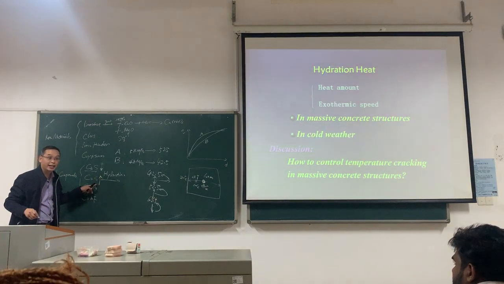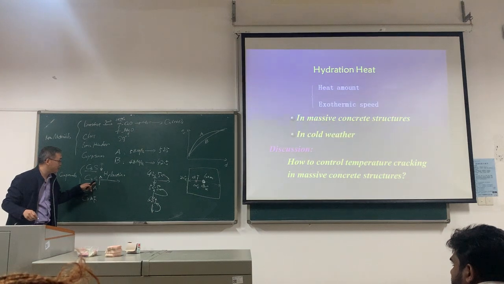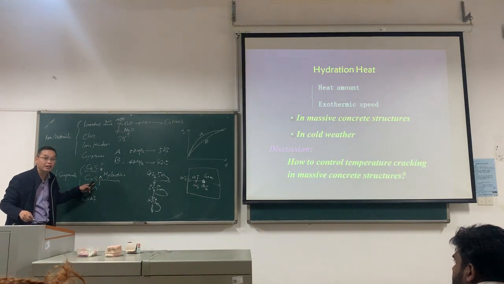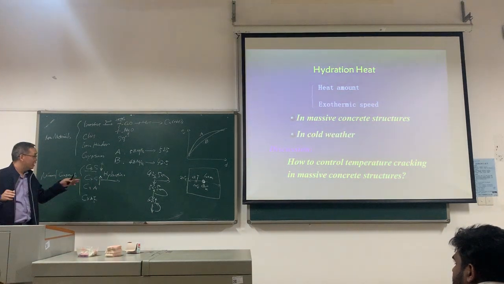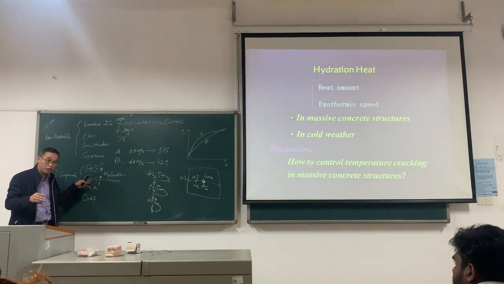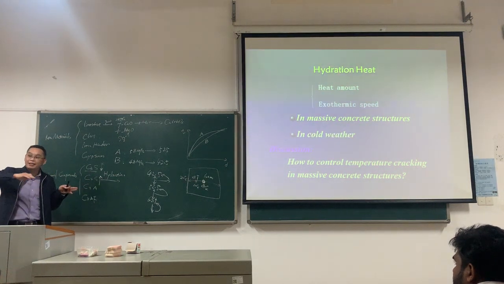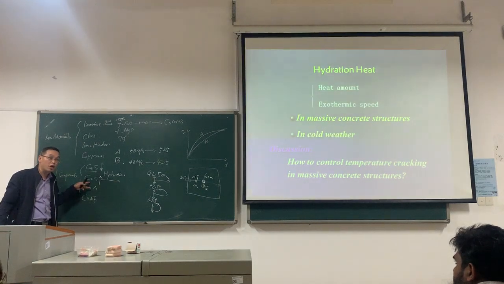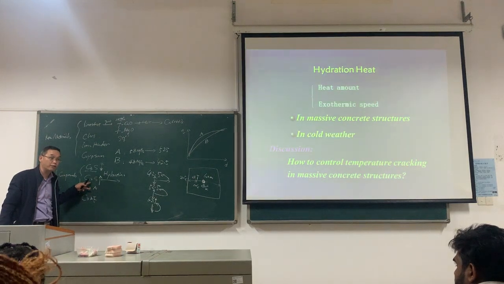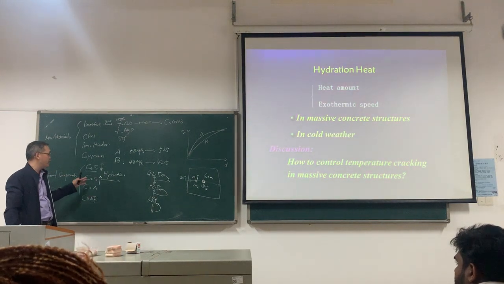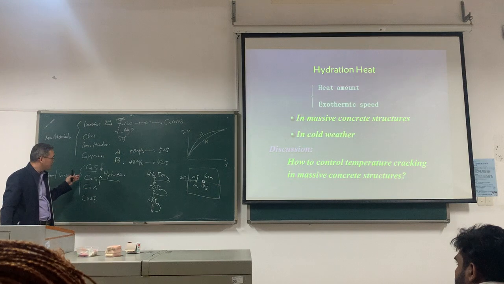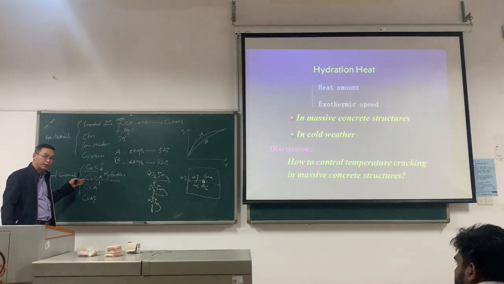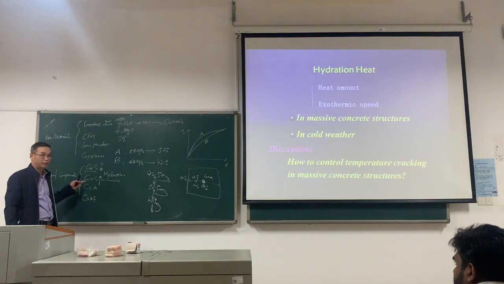We can increase the content of C2S, because at the early age its strength is small, but at the later age the increase of its strength is very, very big. So we can use cement with a higher content of C2S.